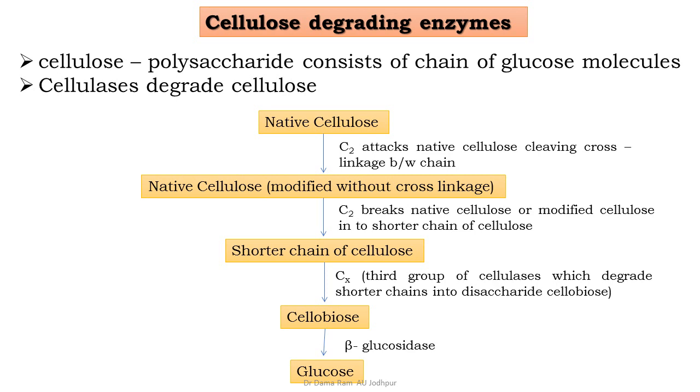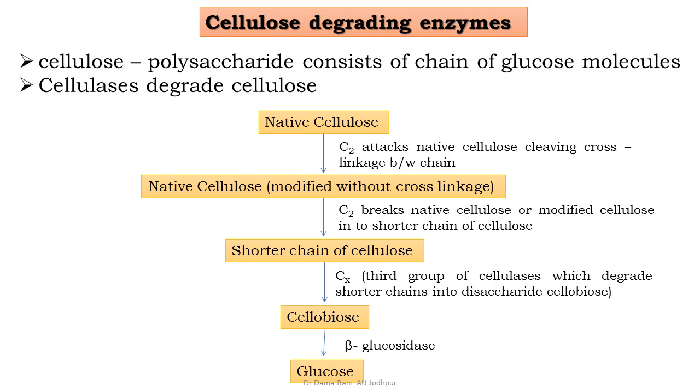So C1 cellulase attacks native cellulose by cleaving the cross linkages between the chains, and it converts it into modified cellulose without cross linkage. The second, C2, also attacks native cellulose and breaks it into shorter chains, small chains, and these are then attacked by a third group of cellulases, the Cx, which degrade them to the disaccharide cellobiose.